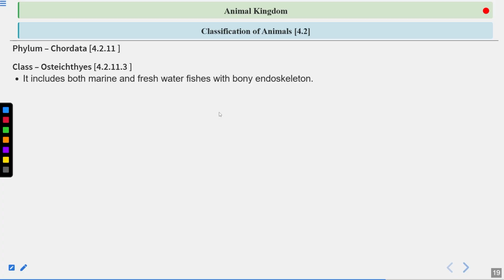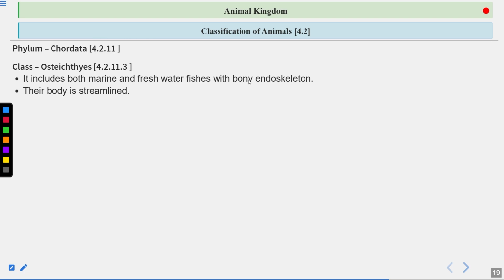So these bony fishes are found in both types of aquatic environment, the freshwater environment as well as the marine environment. They have an endoskeleton made up of bone, and that is why they are called bony fishes.